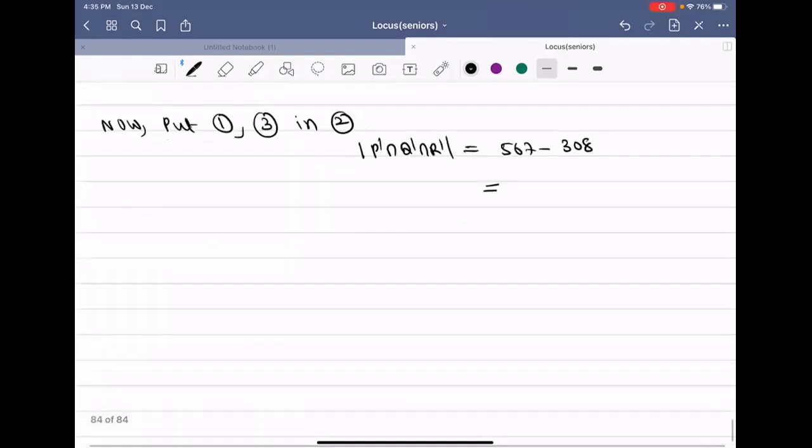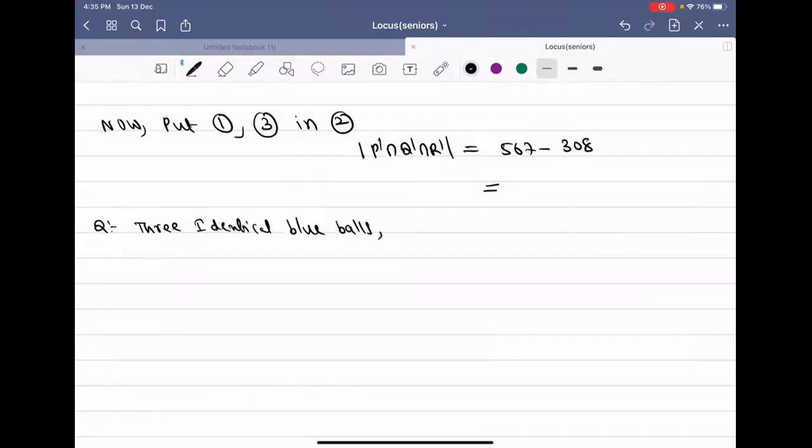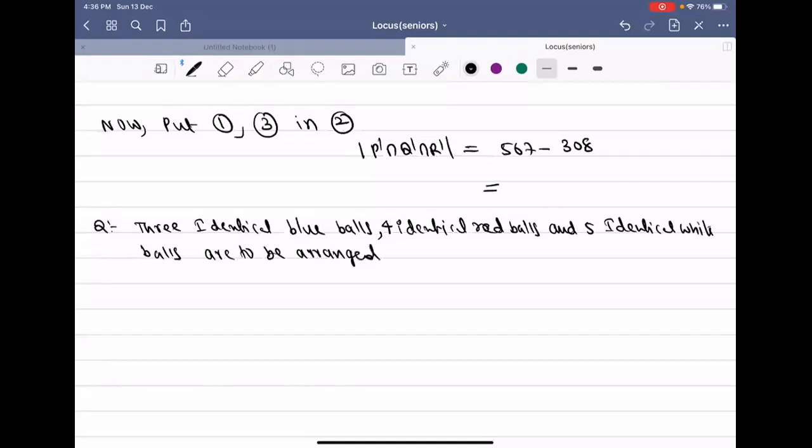I'll give one question as homework to attempt. 3 identical blue balls, 4 identical red balls, and 5 identical white balls are to be arranged in a row.